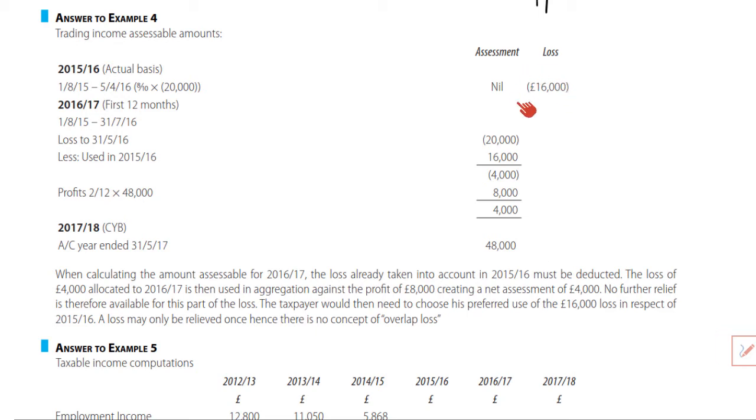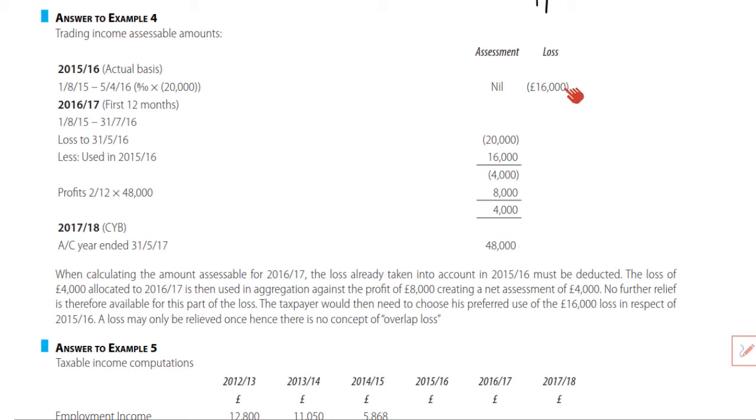Now, in terms of that £16,000, what loss relief would be available for use? Well, what do we already know? 1516 is the tax year of loss, so the 16,000 could be set against the total income of 1516 and or the preceding tax year, that would be 1415. Otherwise, it could be carried forward against future trading profits of the same trade there.